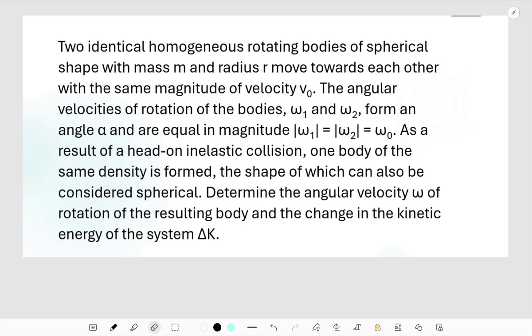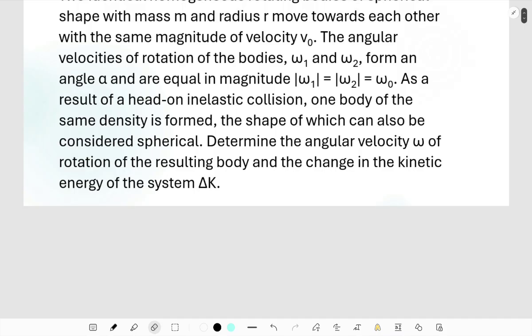And you can observe one more thing simply by looking at the nature of the collision itself. It is a head-on collision. So the velocities of the bodies before collision are directed along the line on which the center of mass of the system is located. You can think something like this.